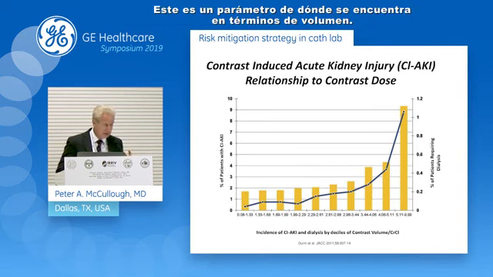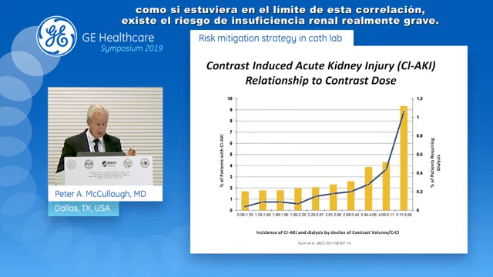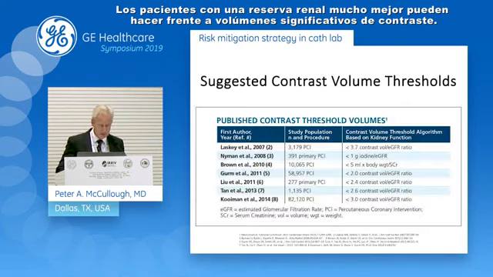It gives one a sense of where we are in terms of volume. So if a patient had an estimated GFR or a creatinine clearance of 30, and if we gave 150 cc's of contrast, we could be well up in this relationship where there could be a risk of a really serious renal failure. Patients who have much better renal reserve can handle very significant volumes of contrast.